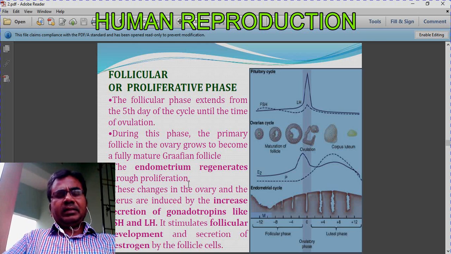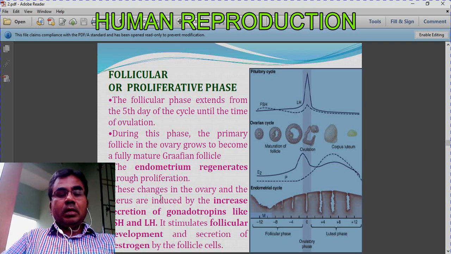Regenerates in the sense that new cells are formed in the endometrium. It is getting ready to accommodate the embryo. And during this period, the secretion of gonadotrophins like FSH and LH will be more.